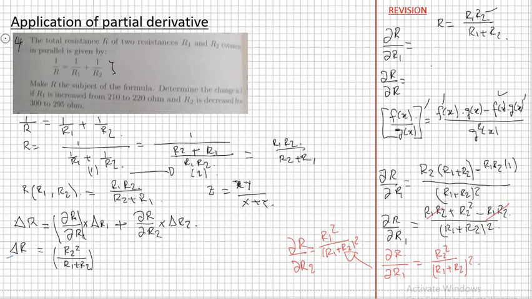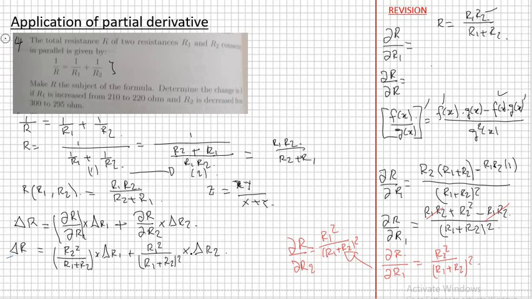This represents the partial derivative of r with respect to r1, and then we need to multiply it by the change in r1, plus, we also determined the partial derivative of r with respect to r2. So we have r1 square divided by r1 plus r2 squared. Then we need to multiply it by the change in r2.